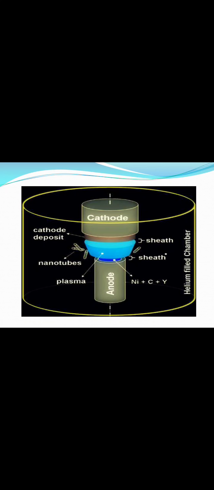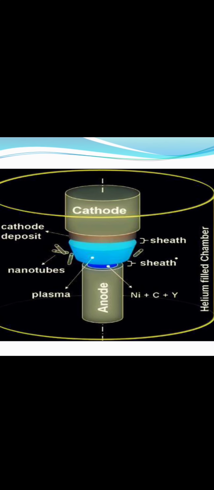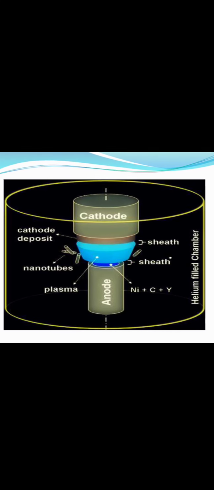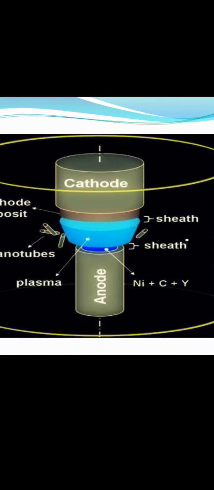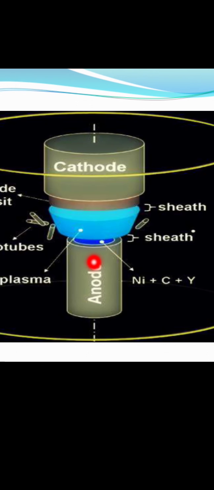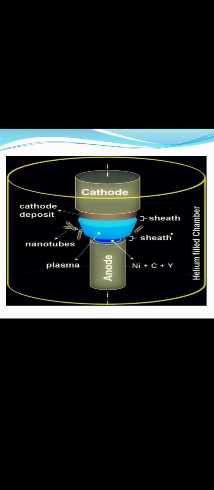See, this is the diagram of the arc discharge tube method. This is only for the arc column. Okay, this is the anode and this is the cathode, both made up of graphite rod.